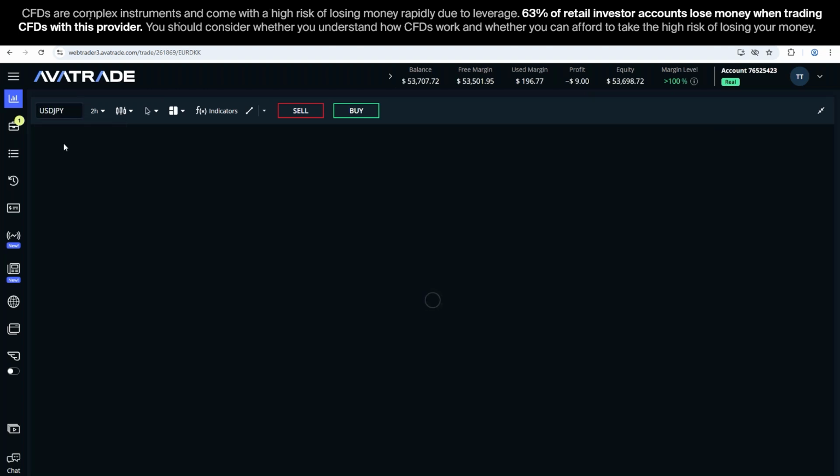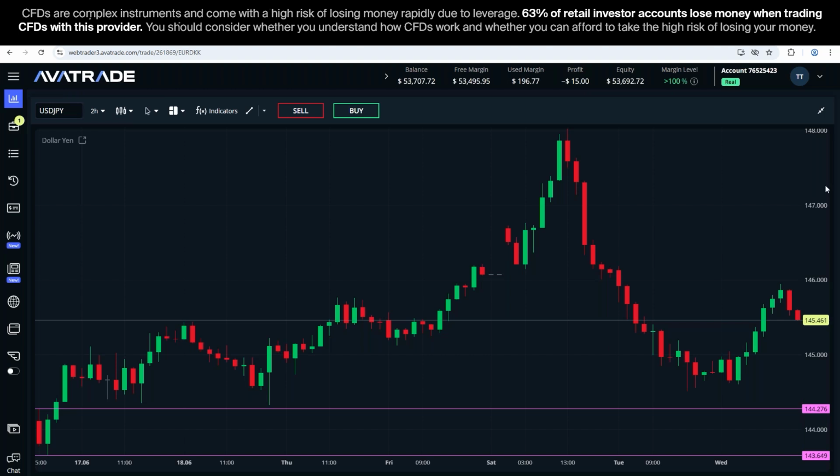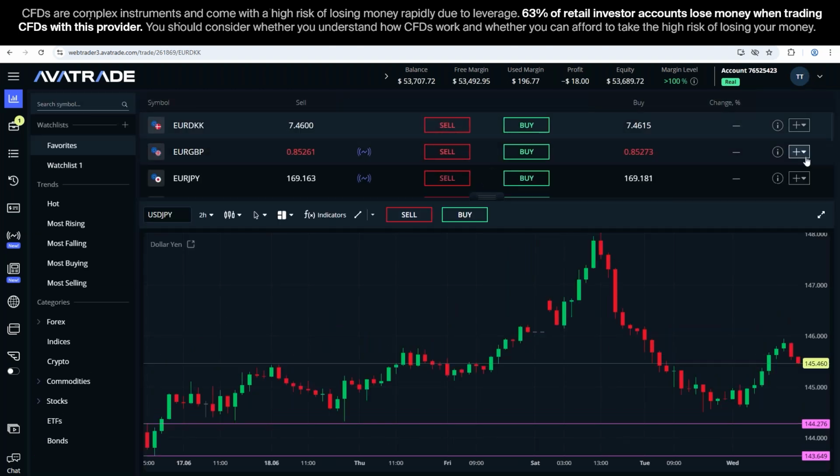If we're looking at a pairing like the US dollar, Japanese yen, we can think about the idea that when there's a lack of fear on the markets, safe haven currencies tend to weaken a bit.